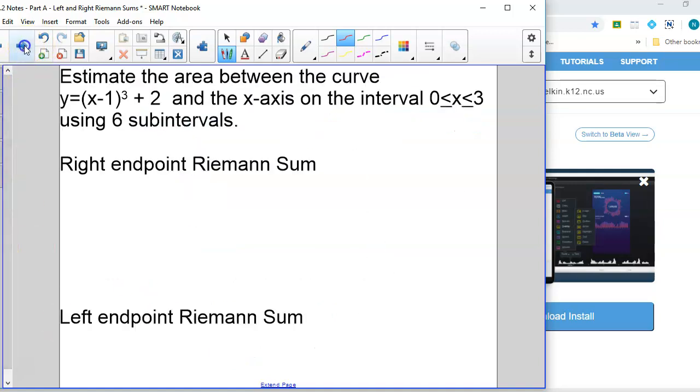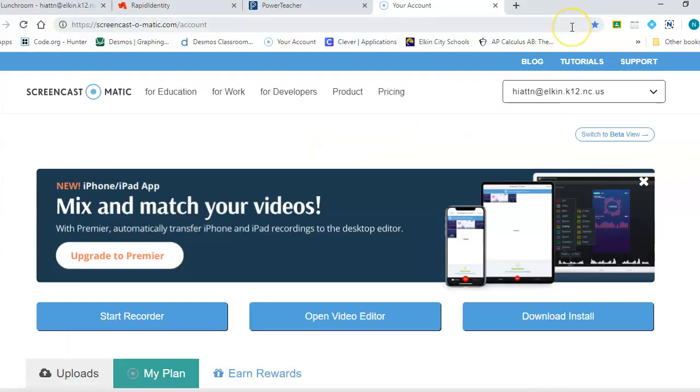So we will see problems that look like this that you'll be doing for your assignment tonight. Estimate the area between the curve and the x-axis on the interval 0 to 3 using 6 sub-intervals. Now, for the sake of time, I'm going to go to Desmos and graph this because it's going to give us a beautiful graph that we can very quickly look at.